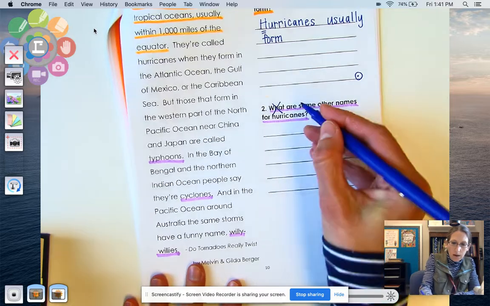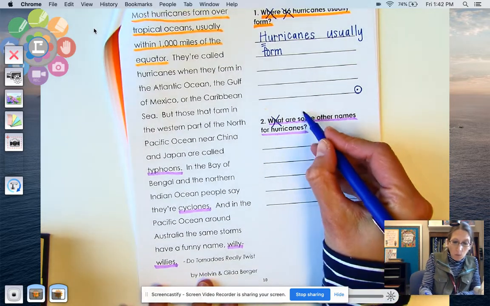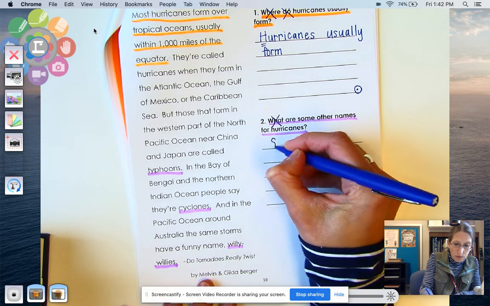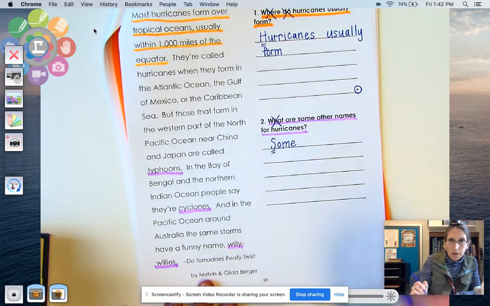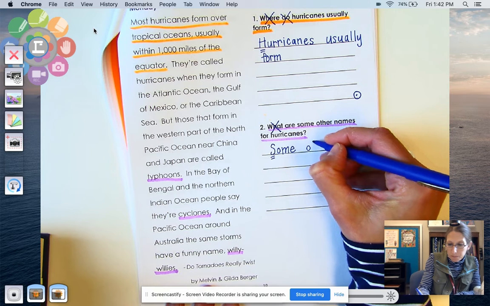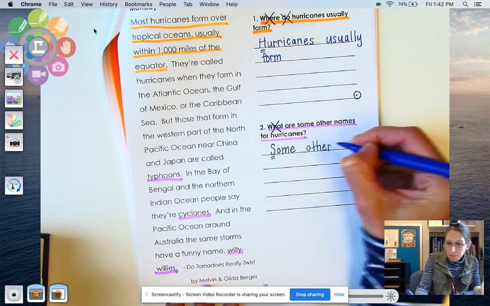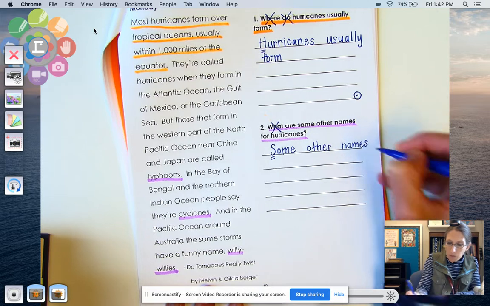All right, so I'm not going to cross this one off because I think we can still use that word are, but we want to start with this word some, and I'm going to double underline my capital letter. Some other names, trying to write neatly and spell my words correctly.